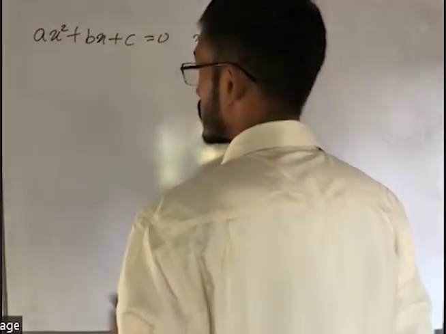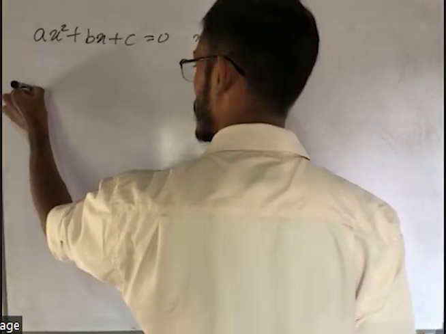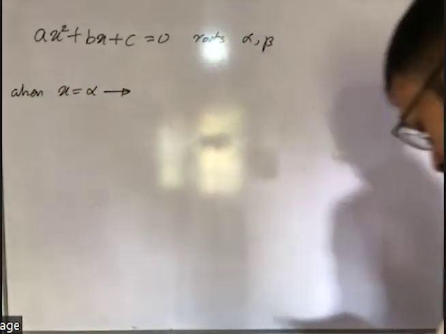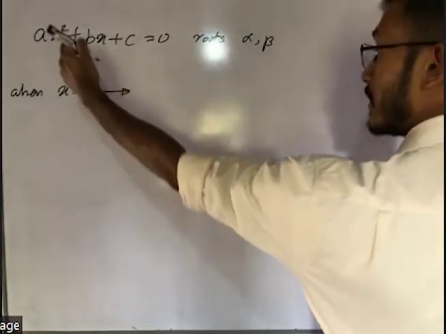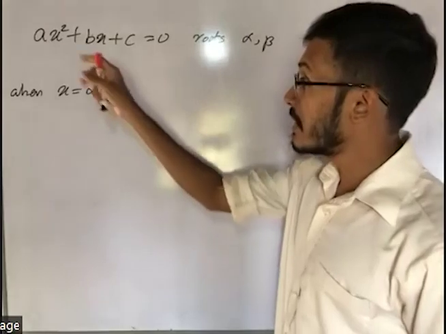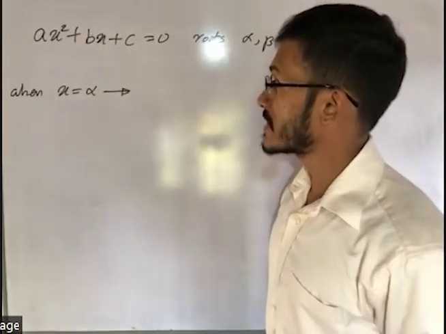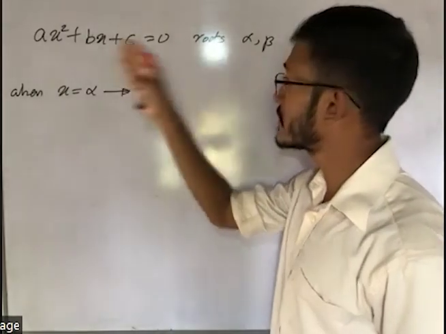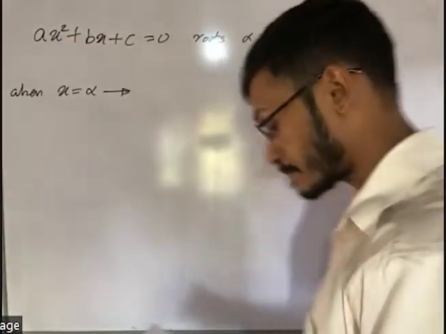Now, look at this. When x equal to alpha, we can substitute the roots because we know from the previous example that roots of an equation will satisfy the equation. So here roots are alpha comma beta, so alpha will satisfy this equation.